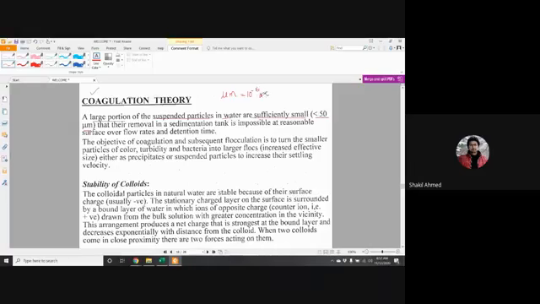Micrometer means 10 to the minus 6 meter. So a large portion of the suspended particles in water are sufficiently small, less than 50 micrometer, that their removal in a sedimentation tank is impossible at reasonable surface overflow rate and detention time.